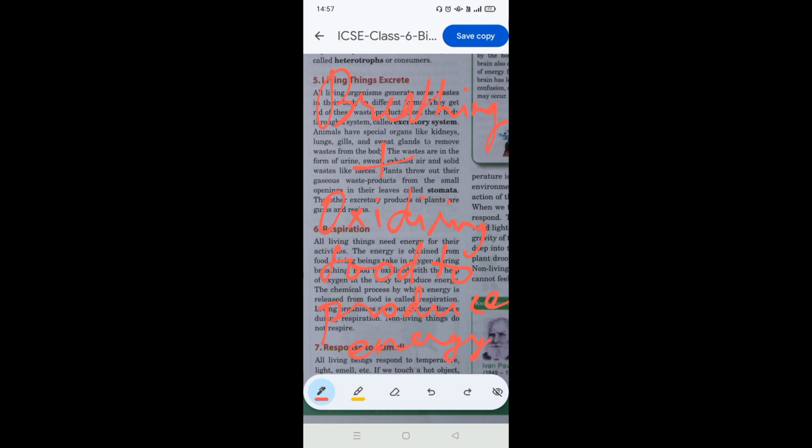So, respiration is nothing but breathing plus oxidizing food to produce energy. So, this is called respiration.